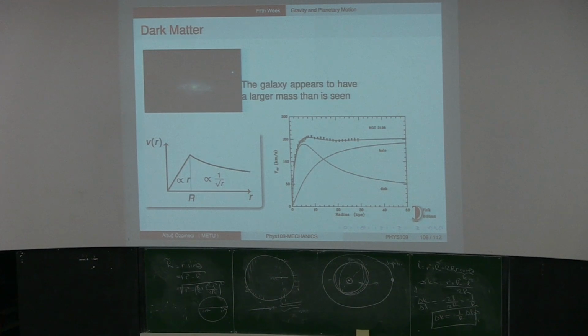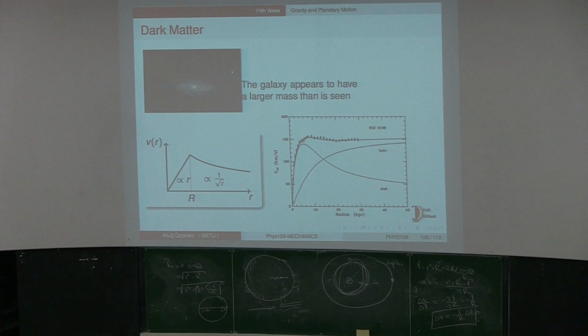If its acceleration is larger than what it should have, it means that there is a larger force acting on it than what we would expect based on our observation of the visible stars over there. So the gravitational attraction exerted on these planets outside the galaxy is larger than what we would expect based on the mass that we see in the galaxy, see in the sense of the visible light.